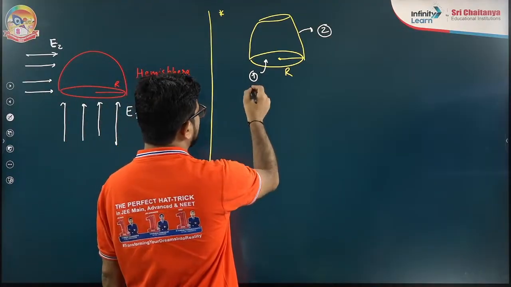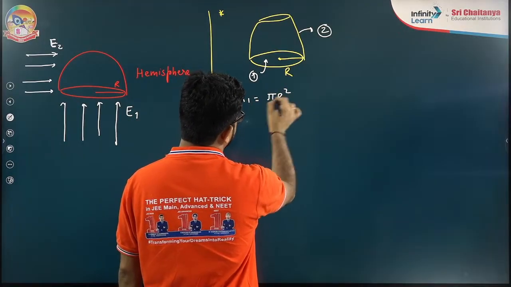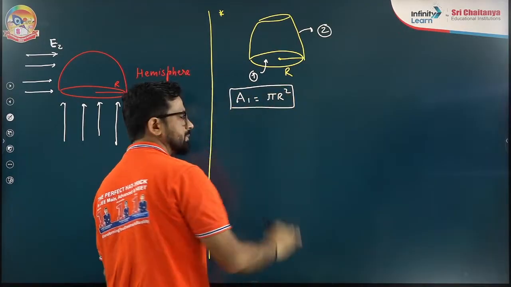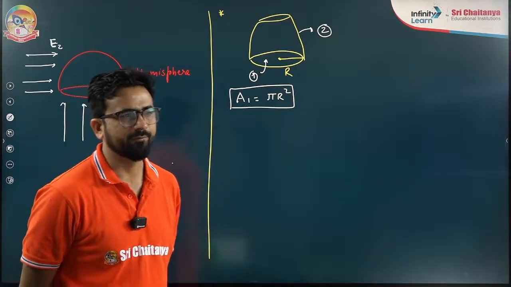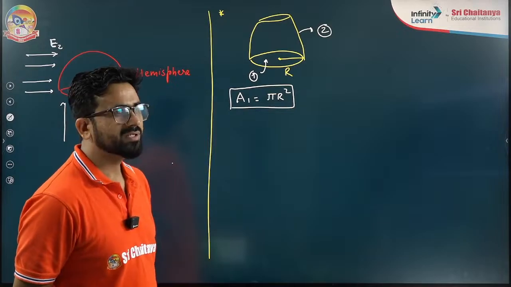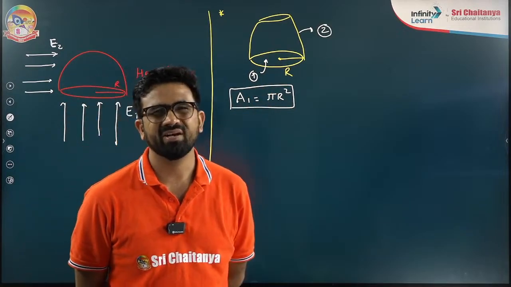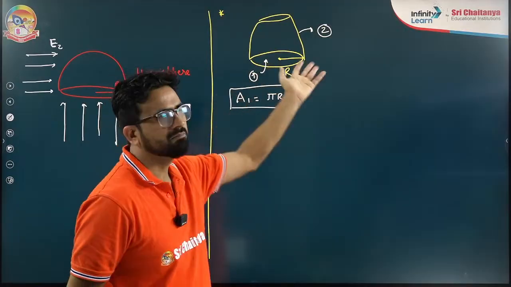You will say the surface 1 area A1 is equal to pi r square. Very basic. Now the question is the area of surface 2, but it is very difficult to find, because we don't know what shape it is.